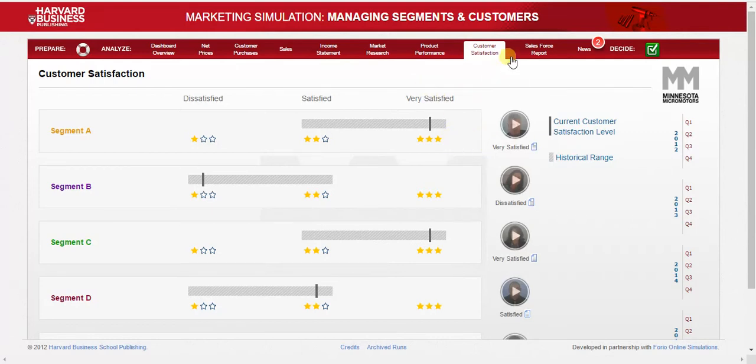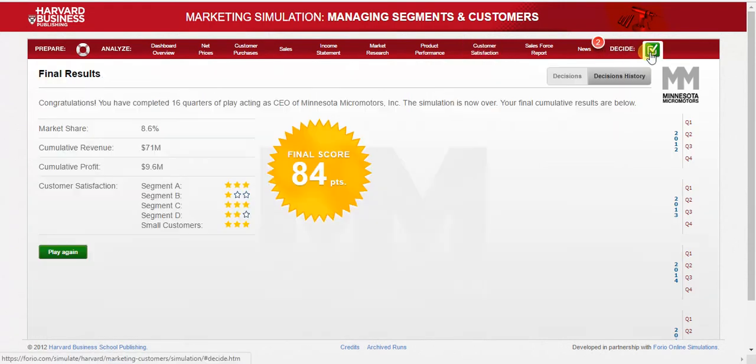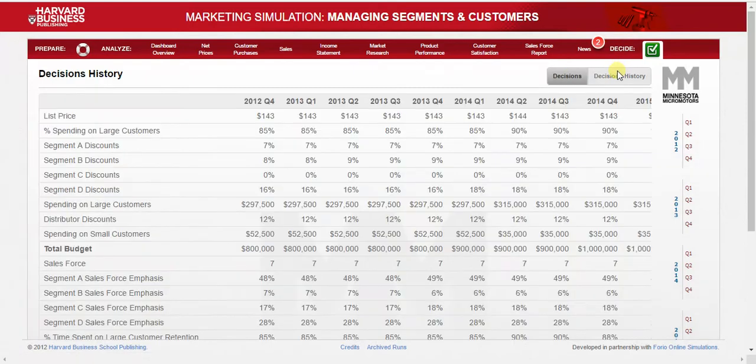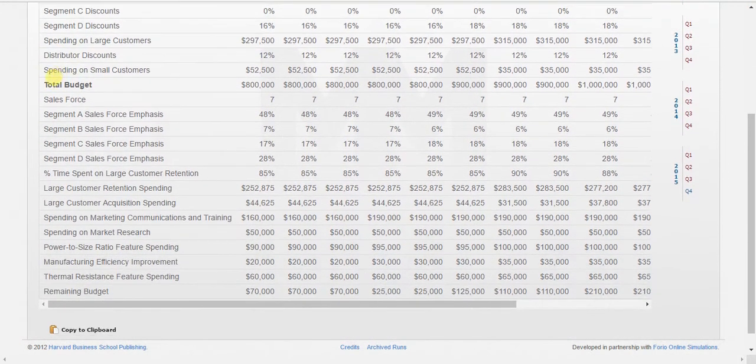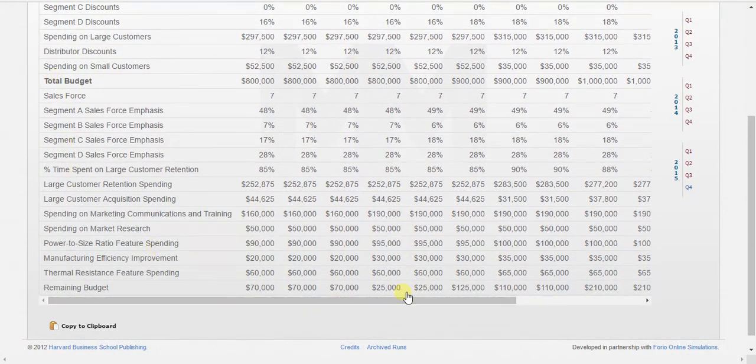With them, I didn't have to give a very large discount. I spent money on their interests such as power to size ratio and thermal resistance feature spending.